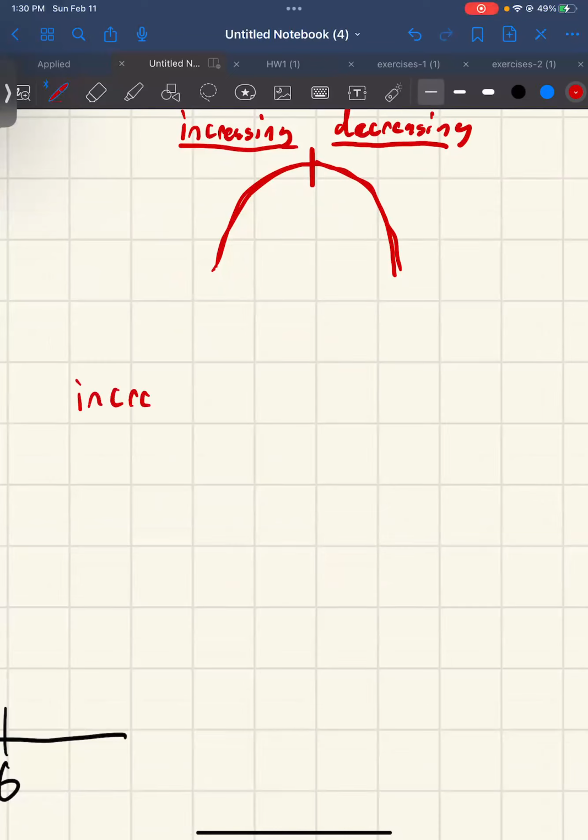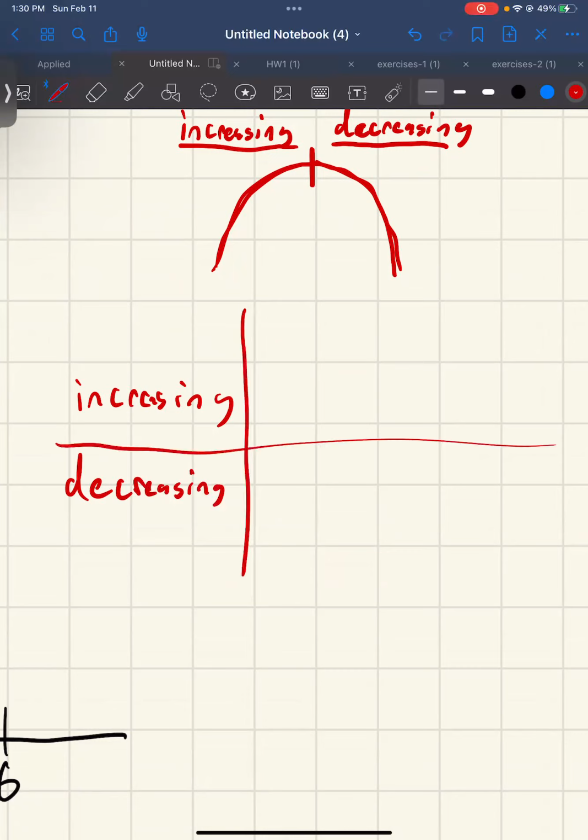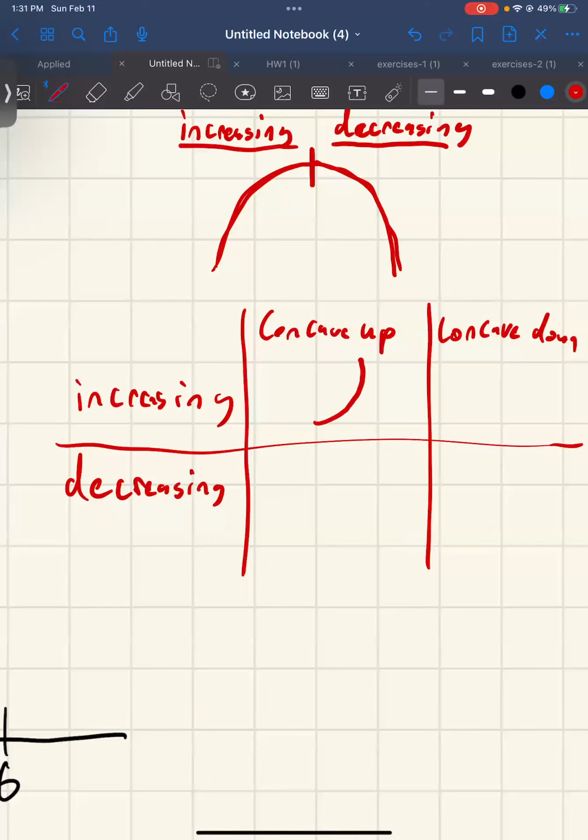So maybe I can even make a table if this helps. Increasing, decreasing, concave up, concave down. So increasing and concave up looks like this.